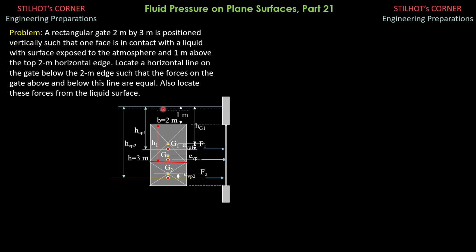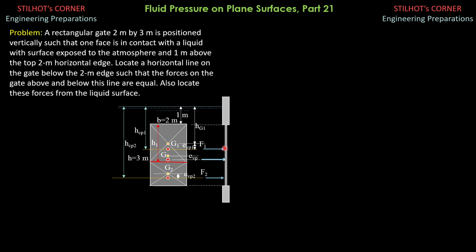So the gauge pressure there is 0. For the entire gate, the centroid is here. So Hg is equal to 1 meter plus half of 3 meters, 1.5, so 2.5 meters. And the single force must act there.